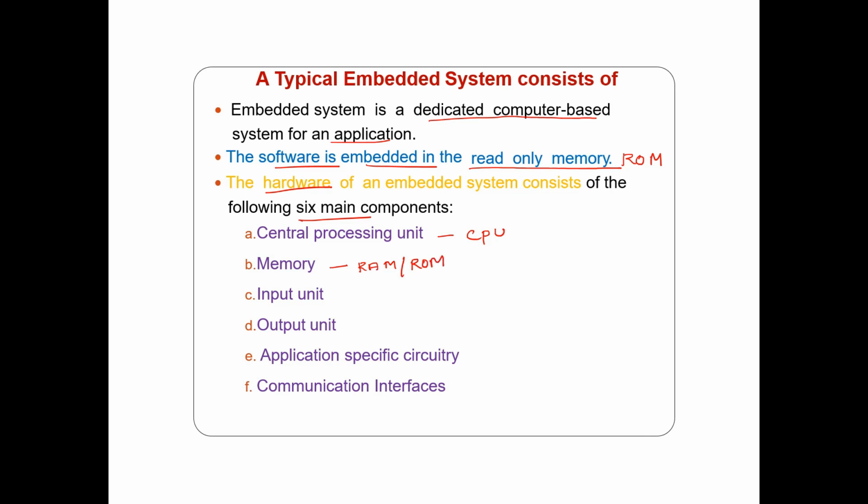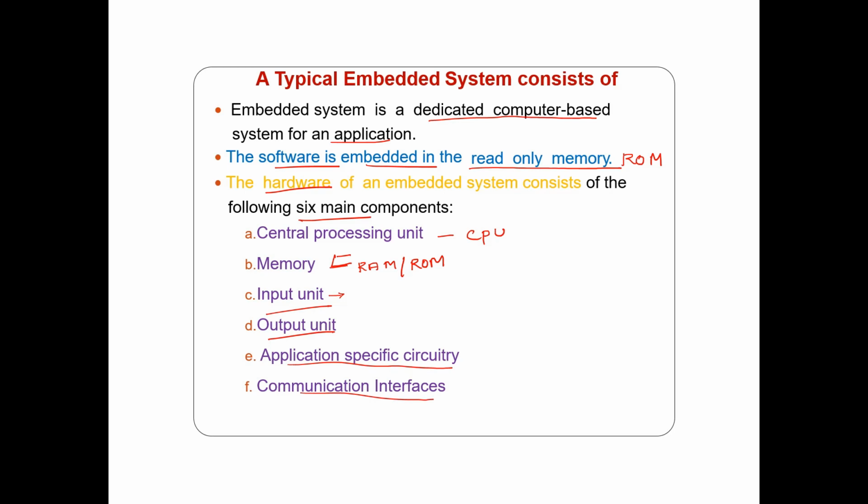The memory will have both RAM and ROM together for any microcontroller-based or microprocessor-based embedded system. The next blocks are the input unit and the output unit, application specific circuitry, and communication interfaces.